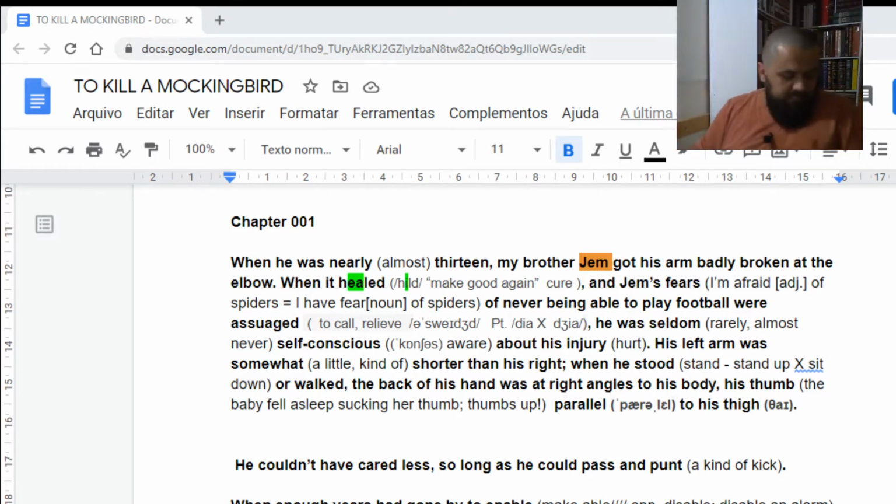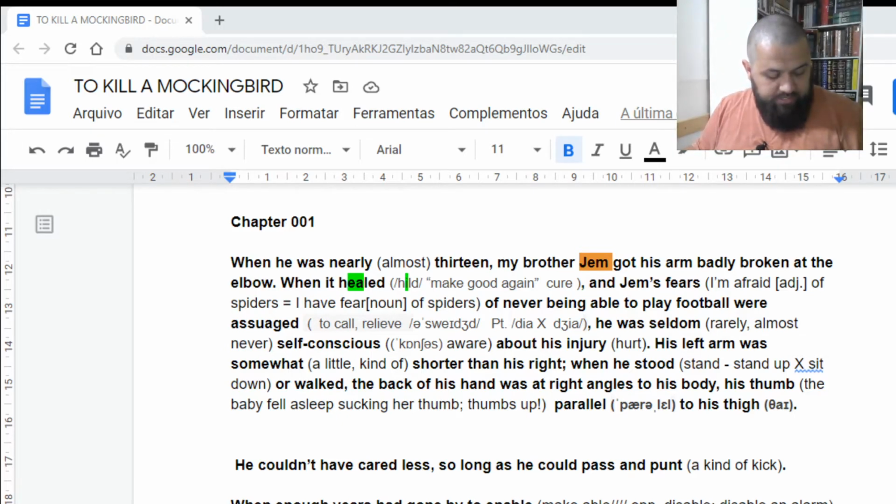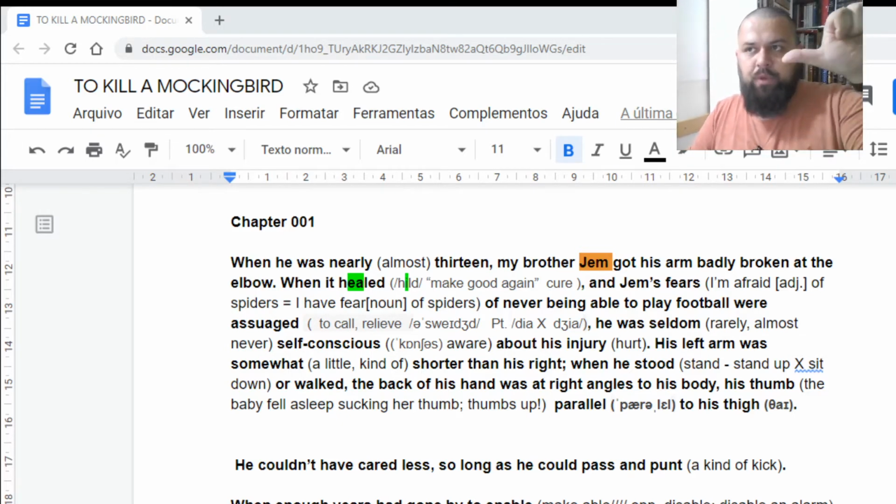Usually when you are standing up, the idea is your thumb will be at a right angle in comparison to your thigh, okay? If you stay like this.